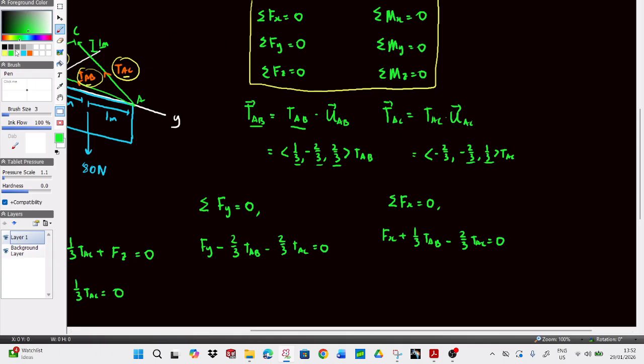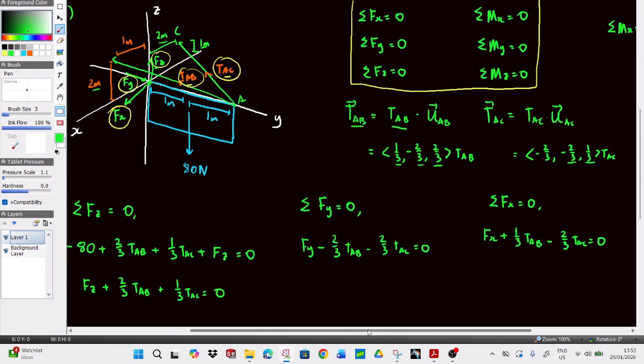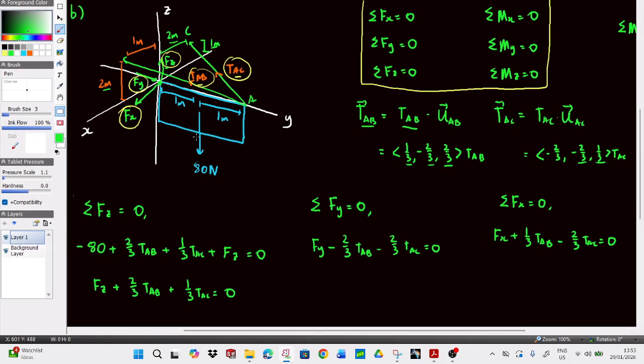So what we can do also is find the summation of Mx equals 0. For Mx equals 0, we have the 80 Newton signboard, so basically it will create a moment.